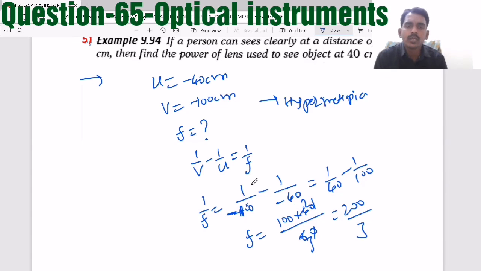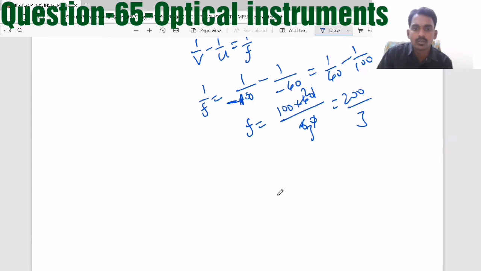So this way you need to understand whether it is hypermetropia or myopia. Then you have to solve the question. If it is a myopia based question, the question will be very easy because you have to find what maximum distance you can see clearly, so that the focal length of the concave lens will become just f equal to minus h. Or they can ask what is the power of the lens to be used.